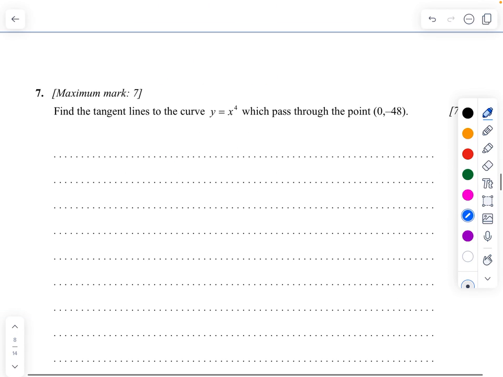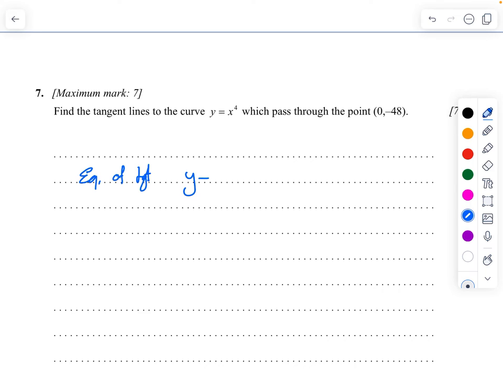Question number 7. Find the tangent lines to the curve y equals x power 4, which is passing through. So equation of tangent will be y minus y1 equals m times x minus x1. So y equals mx minus 48. This is the equation of the tangent.